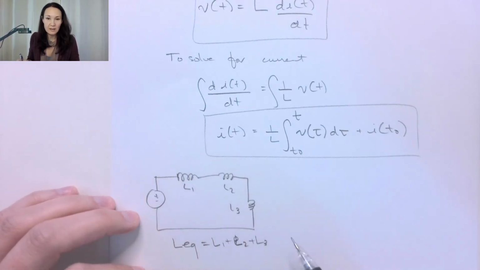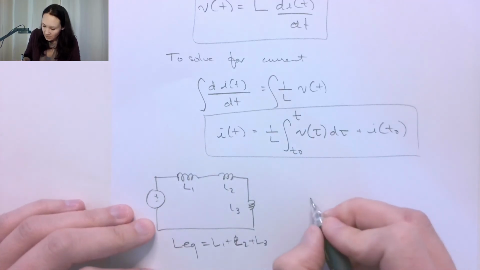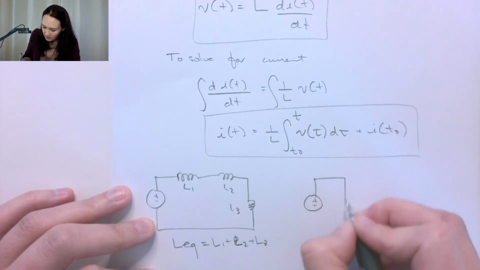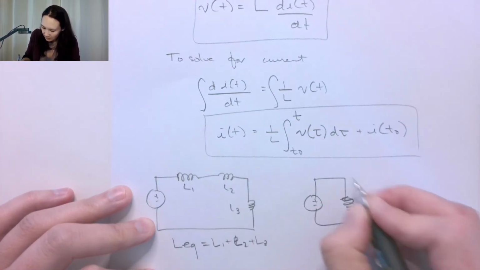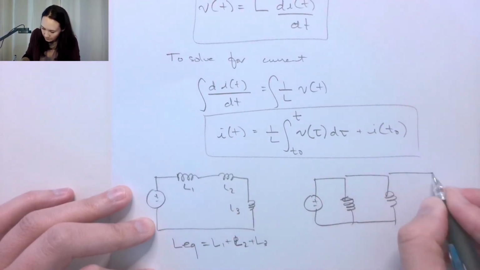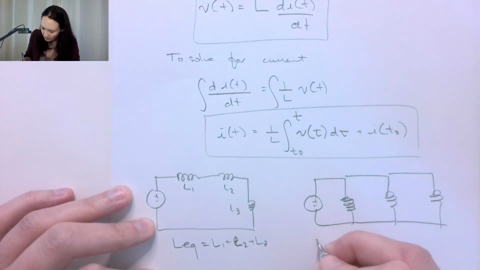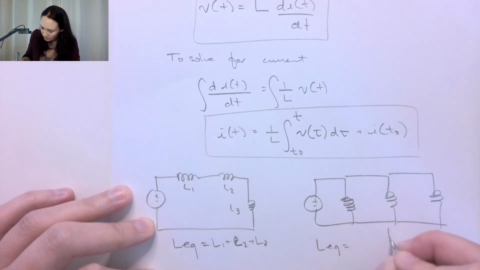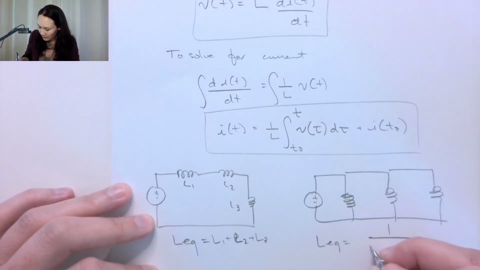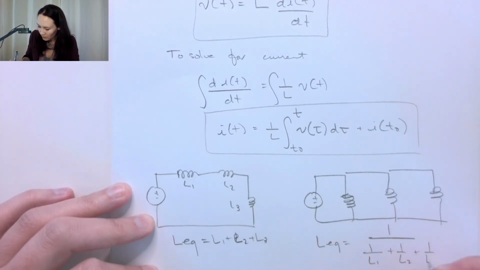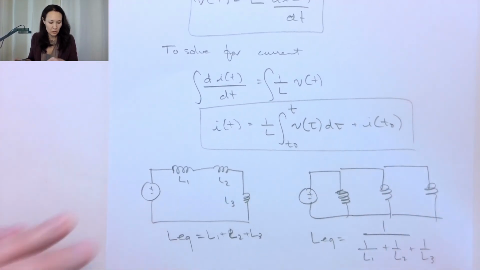So they combine in series just like resistors. And then if these are in parallel, they are going to combine just like resistors in parallel: 1 over L1 plus 1 over L2 plus 1 over L3, with this reciprocal relationship.